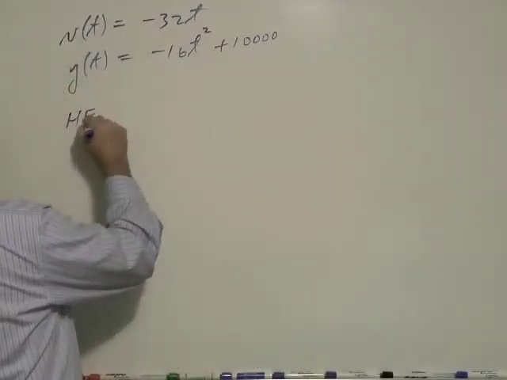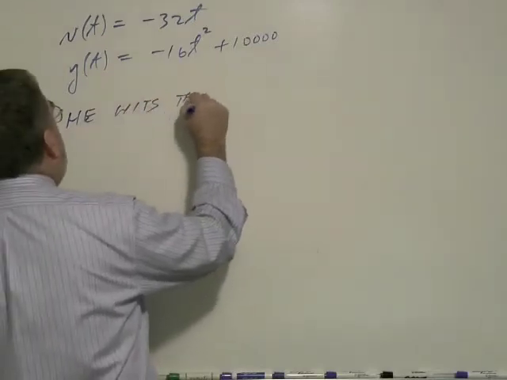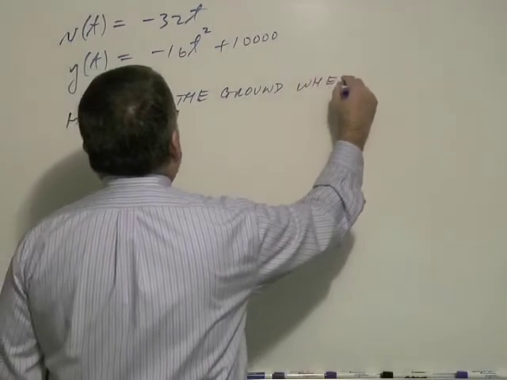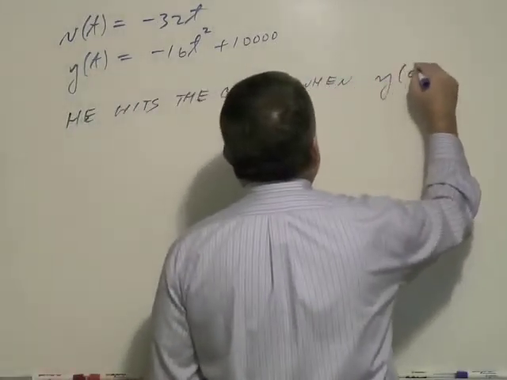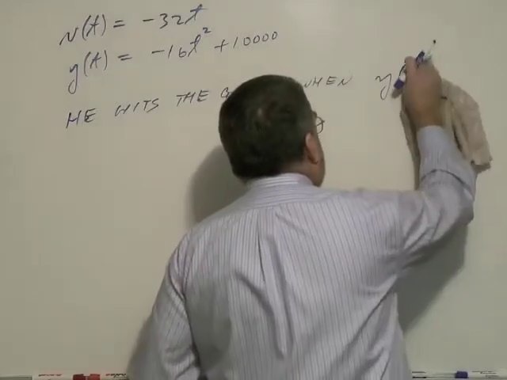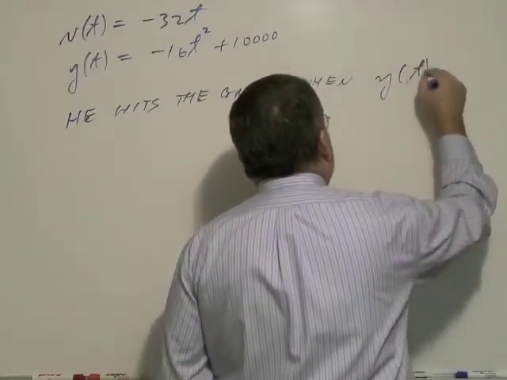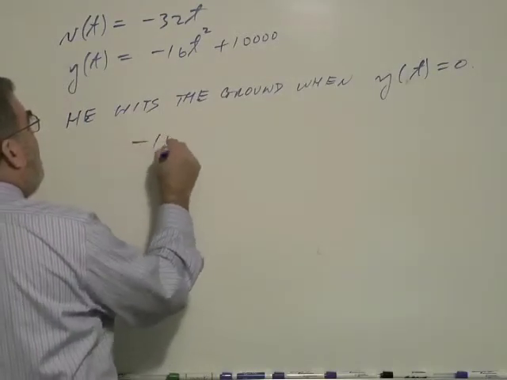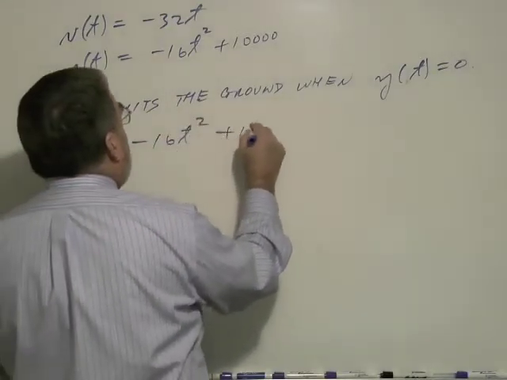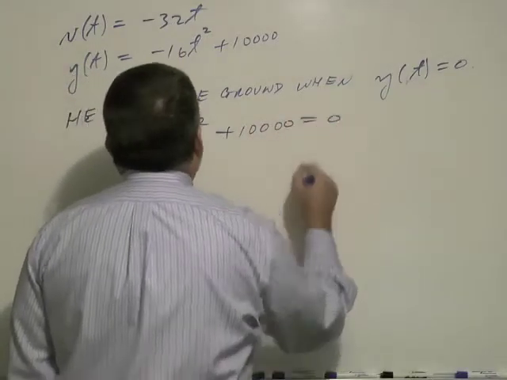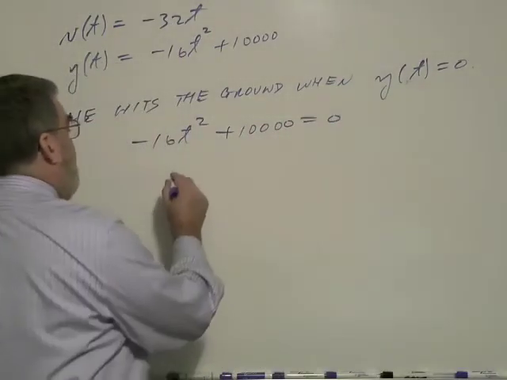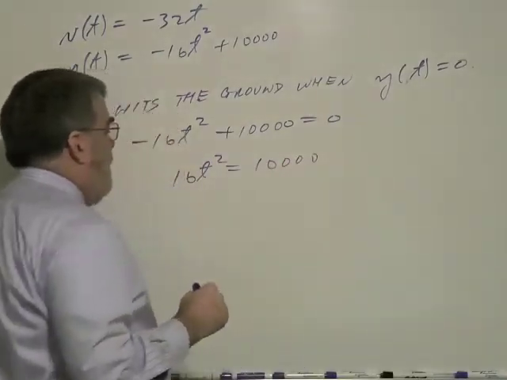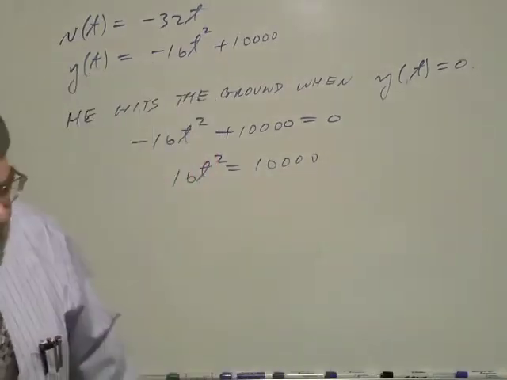So he hits the ground when y at t, not y at 0, but y at t, equals 0. So if I set minus 16t squared plus 10,000 equals 0, then 16t squared equals 10,000, and t is, is it 25 seconds?